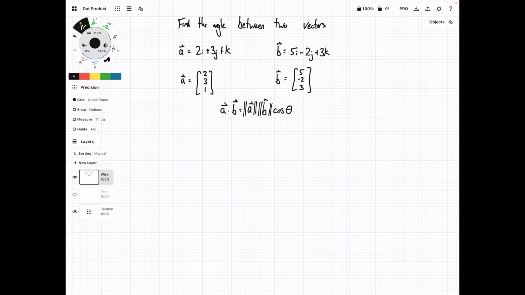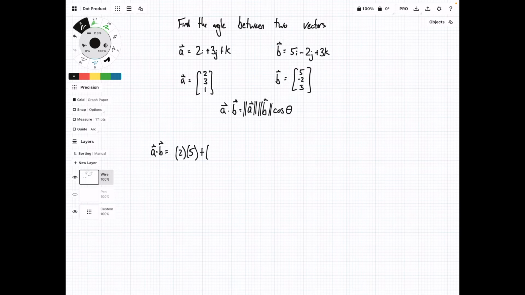First things first, we can probably calculate this A dot B using the original way to calculate the dot product, which was just by adding up the products of the Vx, Vy, and Vz components. So this is going to be 2 times 5. So I'm taking Vx from this one, Vx from this one, multiplying them.